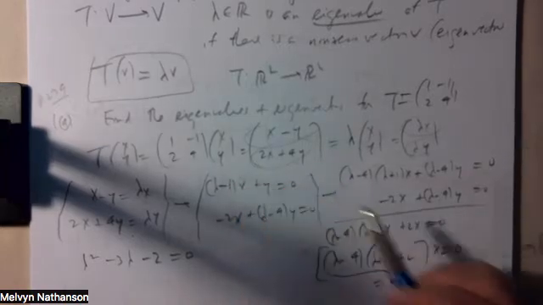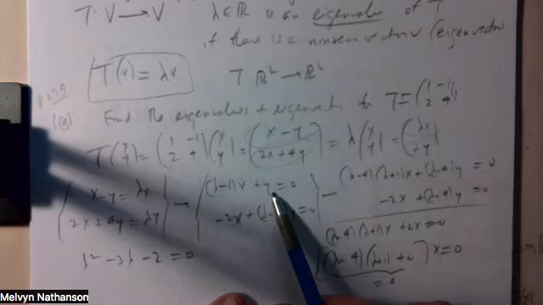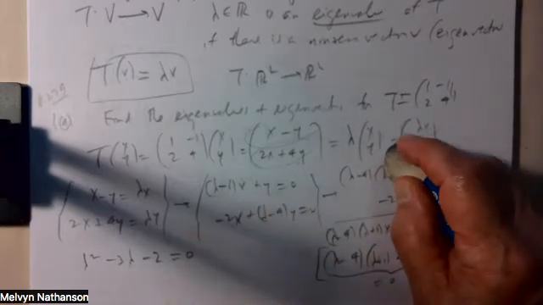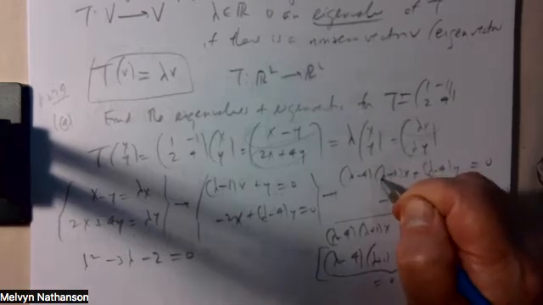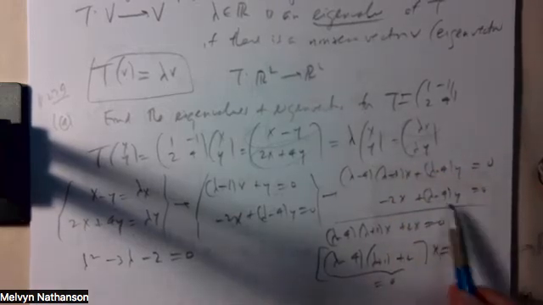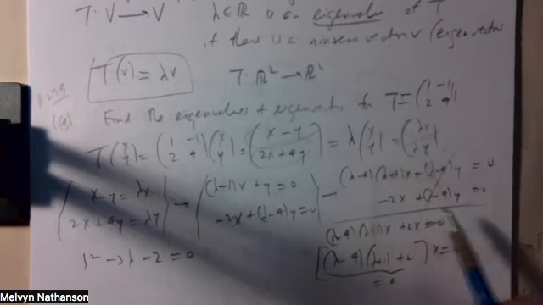So I want to cancel the y's. I multiply the first equation by lambda minus 4. So I get lambda minus 4 times lambda minus 1 times x, plus this. And here's my second equation. If I subtract, these terms cancel.